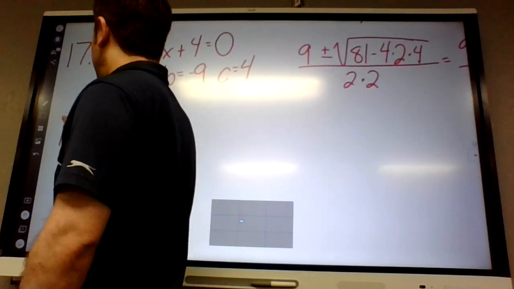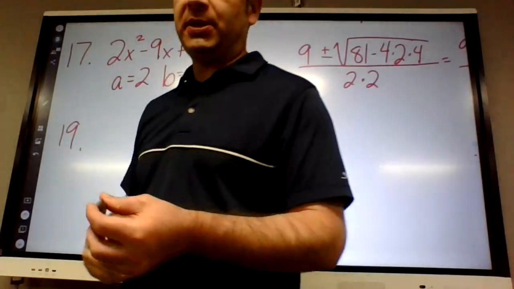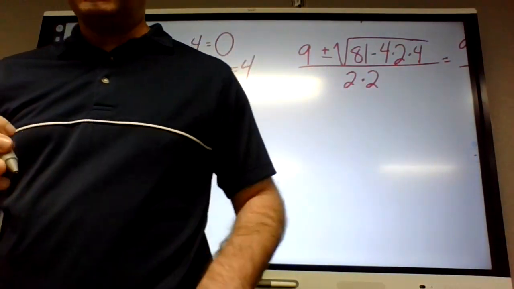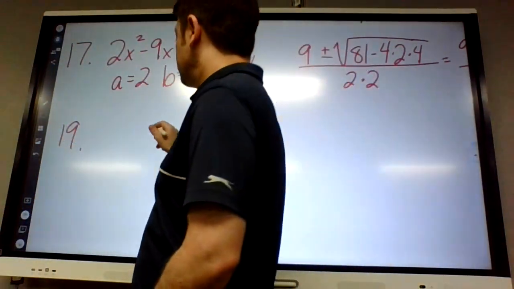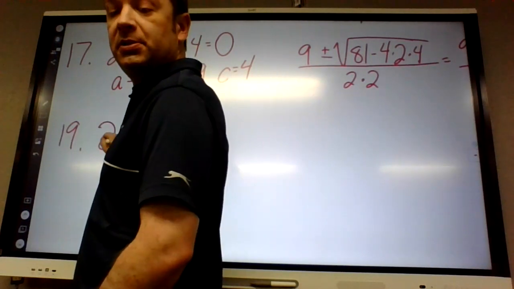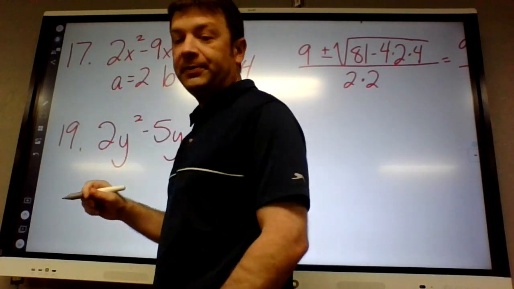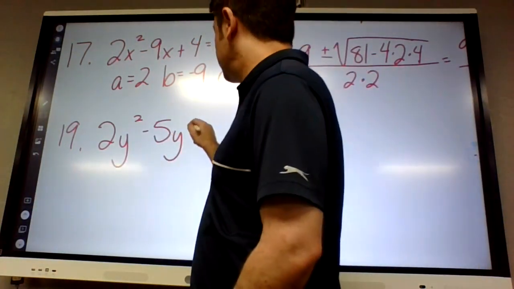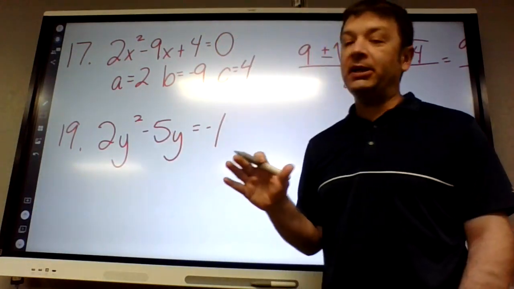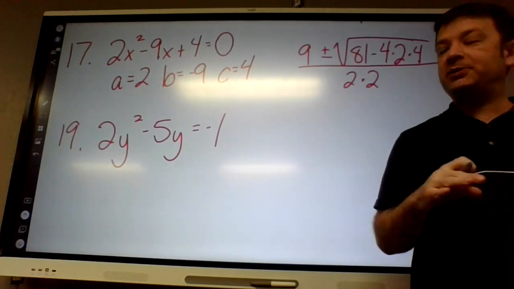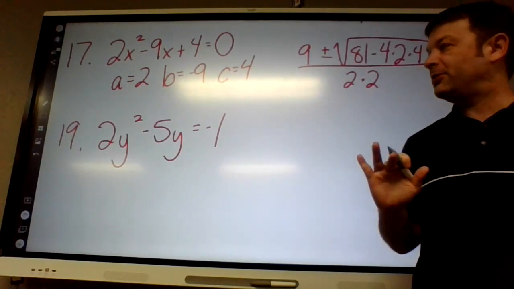Okay, the last one. I'll come around and check your number 8 in a couple minutes after we do number 19. Now I'm tripping, like, where did I go wrong? So 19, and if we kept going, these are the messiest of problems.